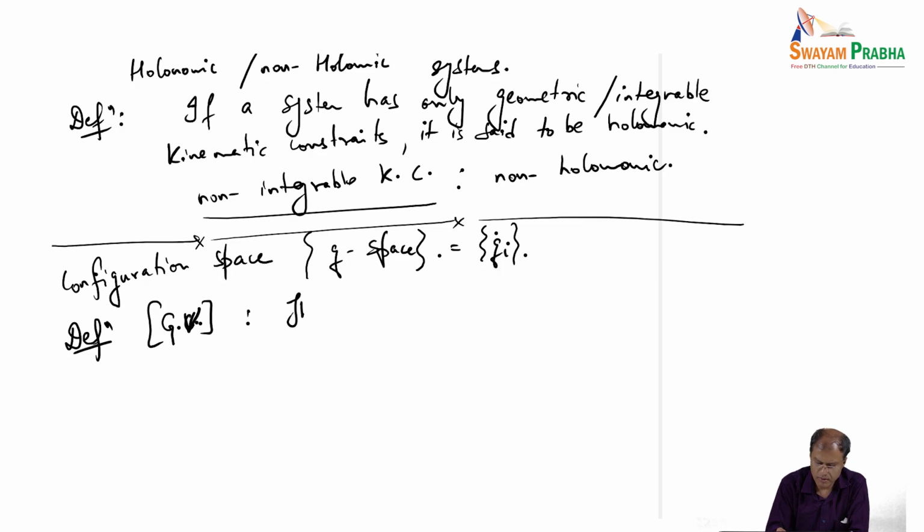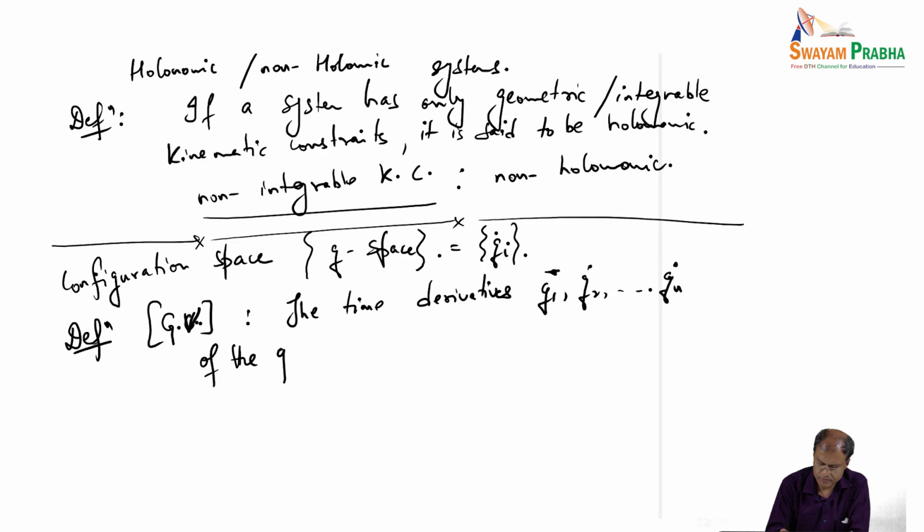The time derivatives q1 dot, q2 dot, and so on, qn dot, of the generalized coordinates q1, q2, qn are called the generalized velocities of S. So we have the time derivatives of the generalized coordinates.